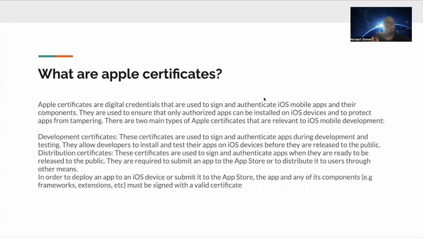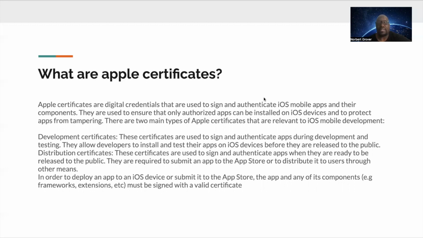Now, what are Apple certificates? Apple certificates are digital credentials that are used to code sign and authenticate iOS mobile apps and their components. They are used to ensure that only authorized apps can be installed on iOS devices and to protect apps from tampering.